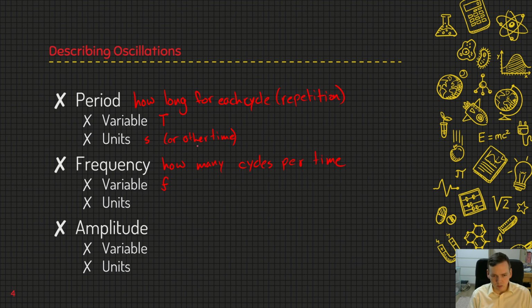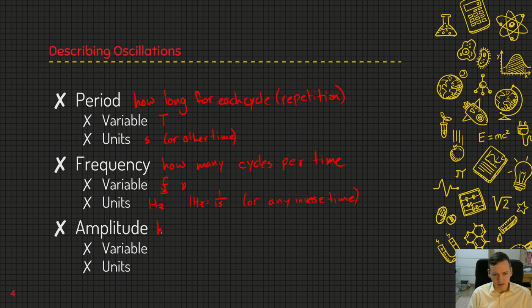Sometimes you'll see this with the Greek letter nu. It's kind of a curvy v, but lowercase f is probably the best for this class to not get confused. Units are typically in hertz, and 1 hertz is equal to 1 over 1 second. And this could be any inverse time. So if you recall, we said rotations per minute, that's our inverse time, right? Per minute, and then 1 rotation per minute, or X number of rotations per minute.